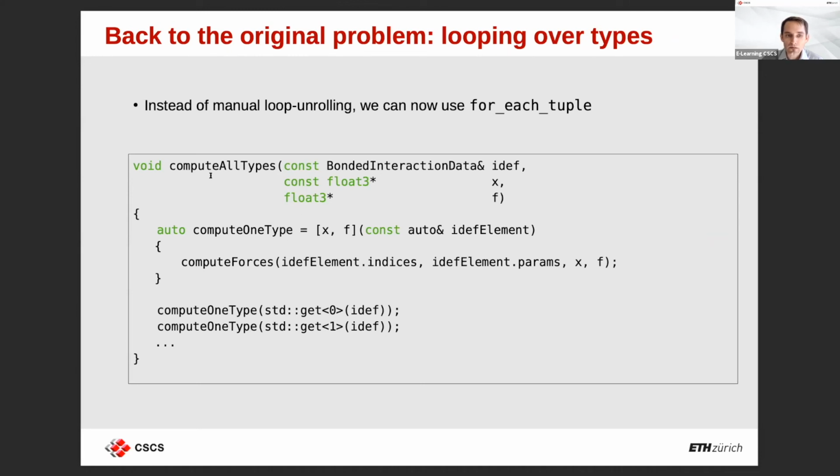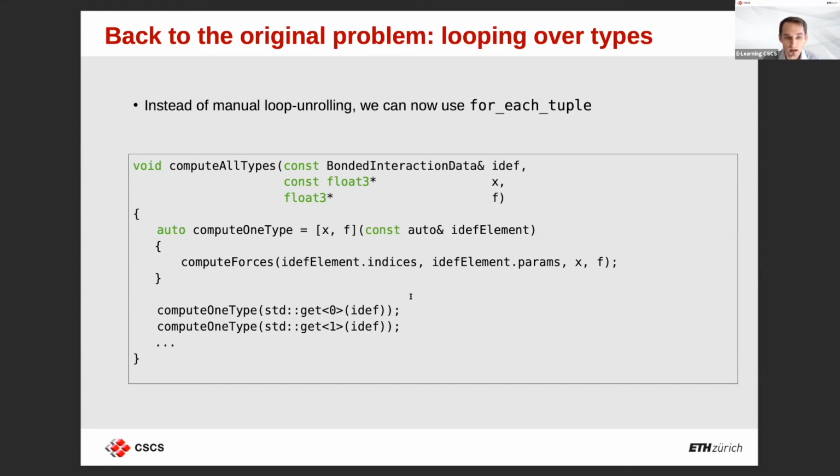If we now want to compute all types in our bonded force implementation, and if we also define this lambda intermediate function that computes just one type, here capturing the pointers for the coordinates and forces, then we don't have to manually unroll the loop anymore over the tuple.